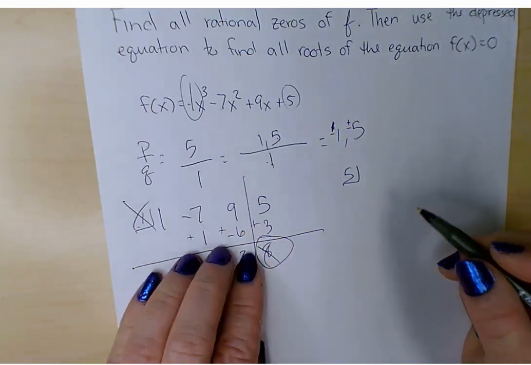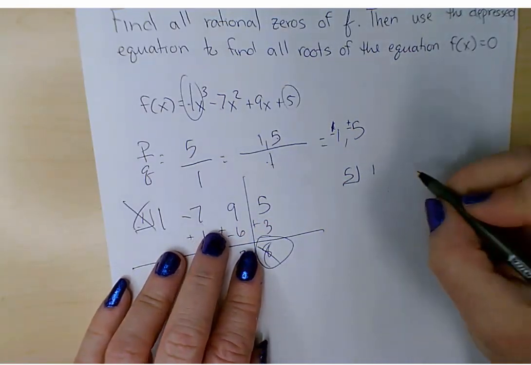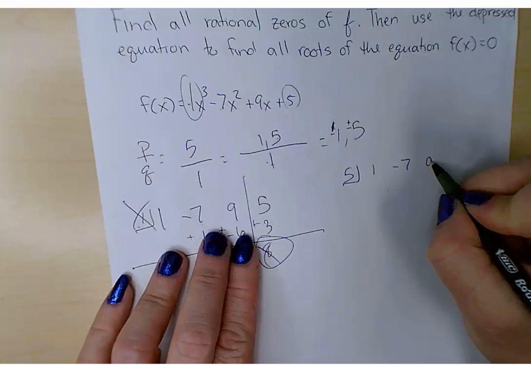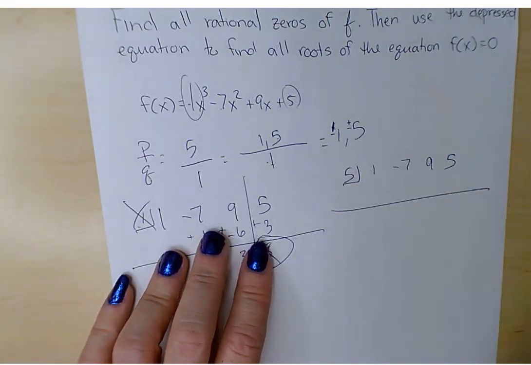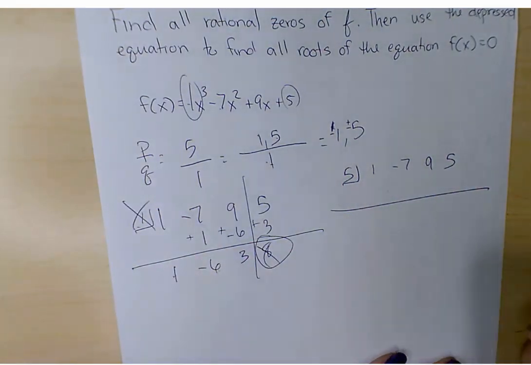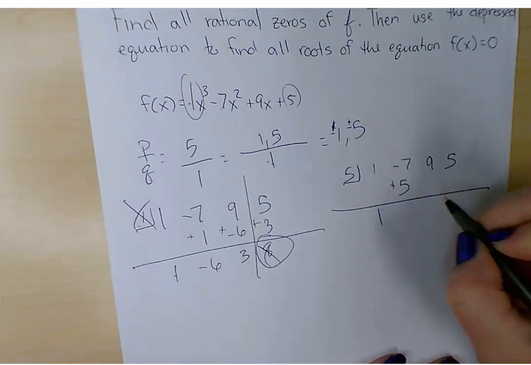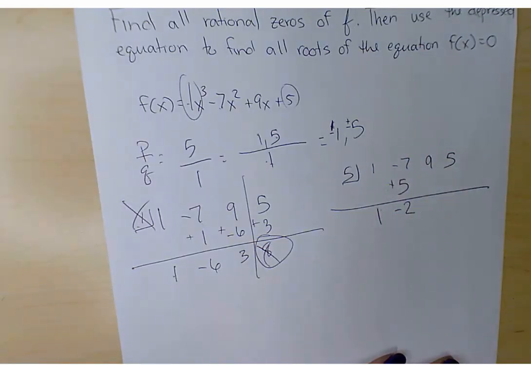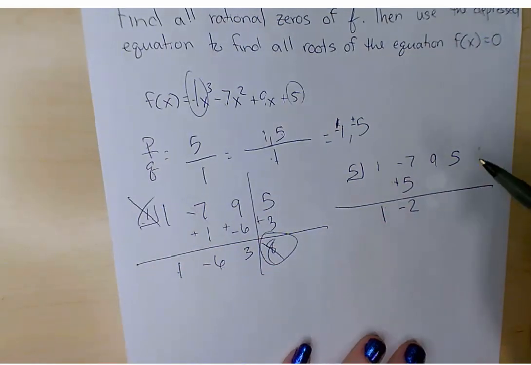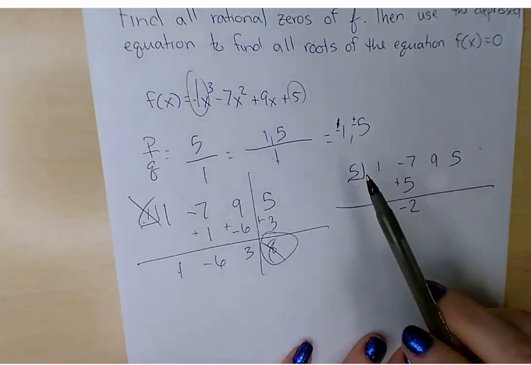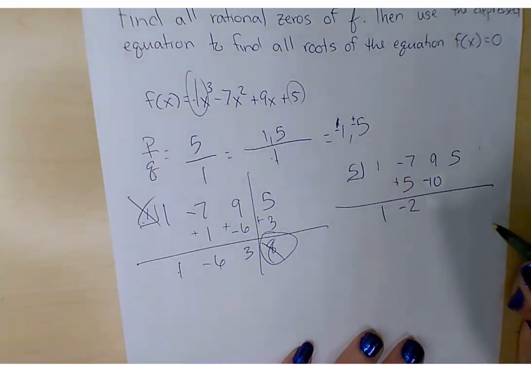We're testing positive 5. So using our coefficients, 1, negative 7, 9, and a 5, let's do synthetic division all over again. Dropping down the 1, let's multiply and add. 1 times 5 is 5. We add here to get negative 2. When we multiply, negative 2 times 5 is a negative 10.